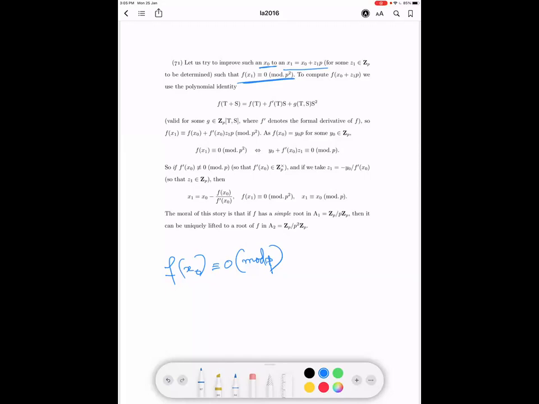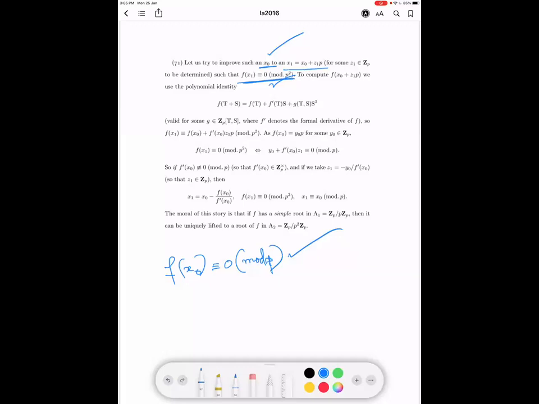Suppose I have some x naught, which is congruent to 0 mod p, which is divisible by p. Then I'm going to find an x1, which is such that f of x1 is divisible by p squared. Okay, how do I find this x1?